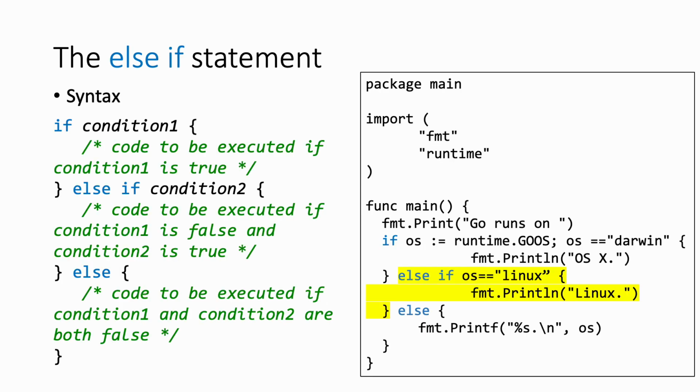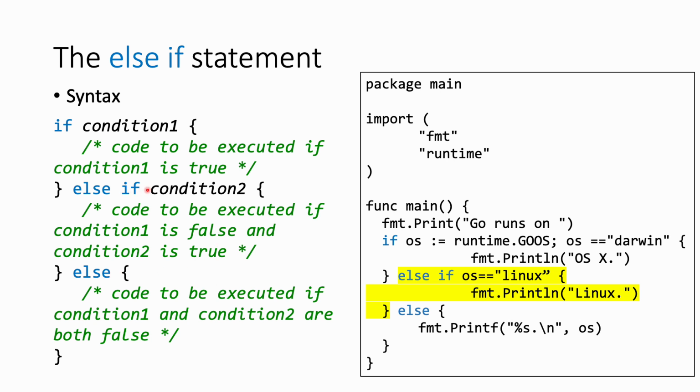You can also have 0 or more else if statements between an if statement and its associating else block. Here is the syntax of an if statement with an else if statement and the else block.